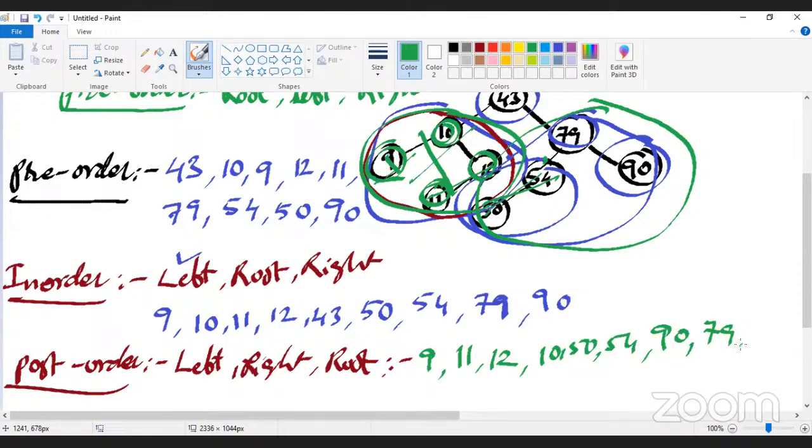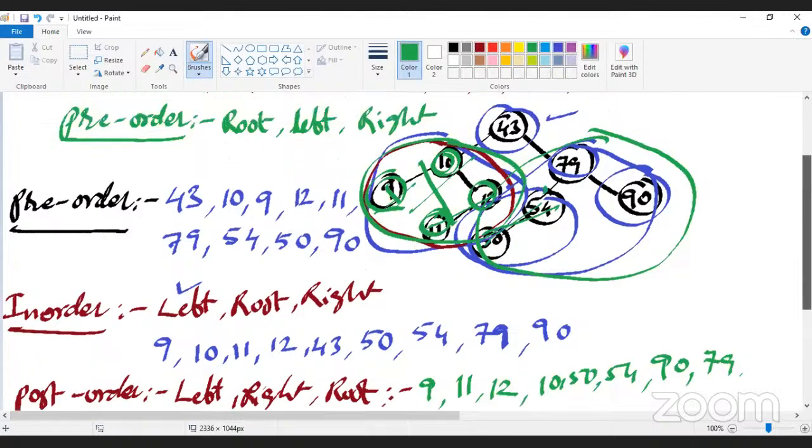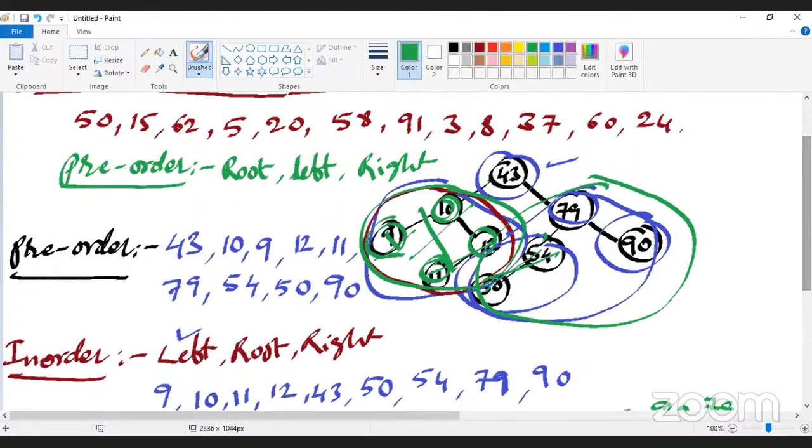If it is possible for you, I just want you to construct a BST within minutes. And if the root is ready, finally the root is written.